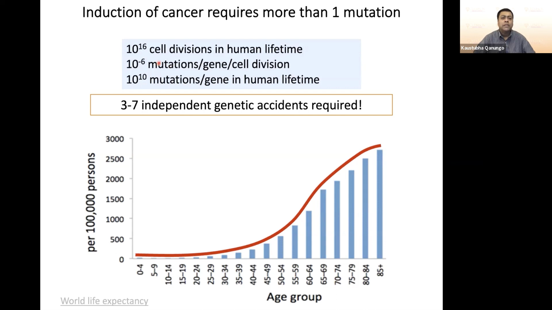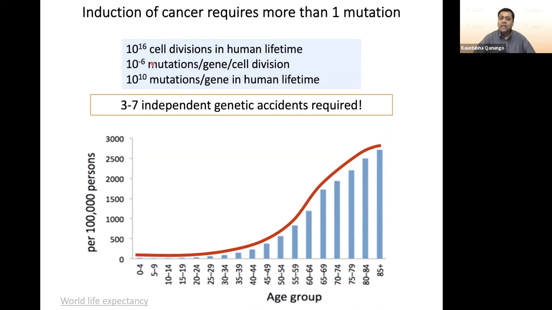They found out, and this can be done experimentally, that about 10 to the power negative 6 mutations per gene. Remember that, not per base, not per A, T, C, G, but a whole gene, which could be several hundred to several thousand base pairs. 10 to the power negative 6 mutation per gene per cell division can happen.